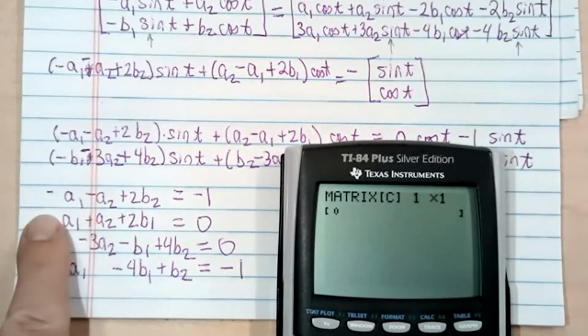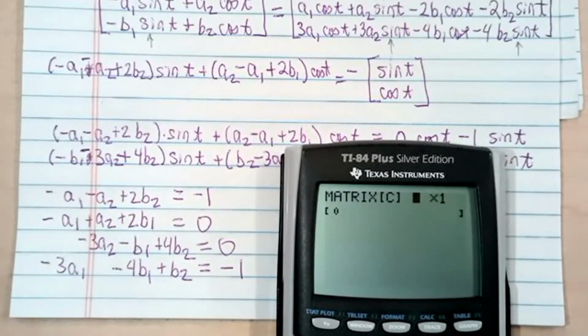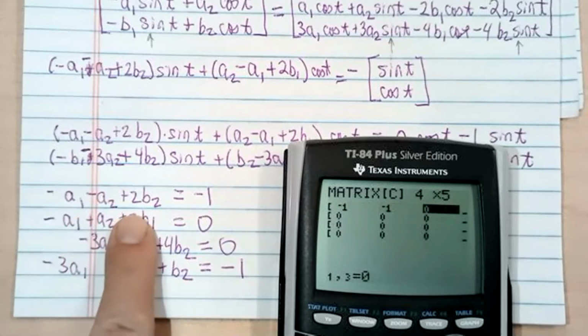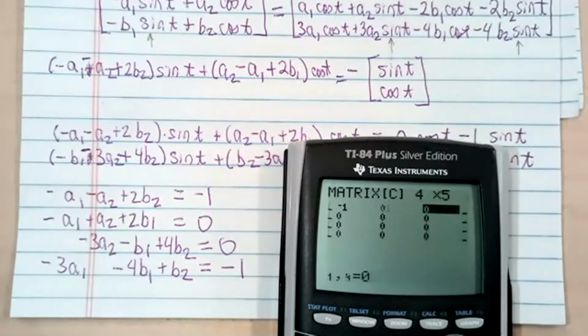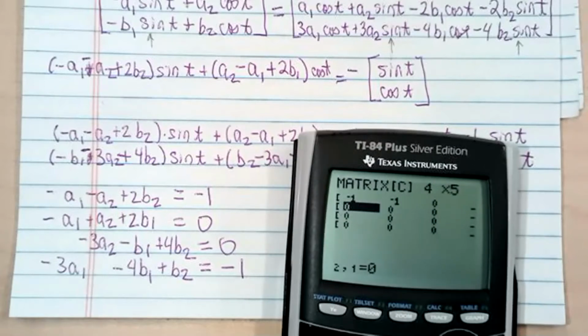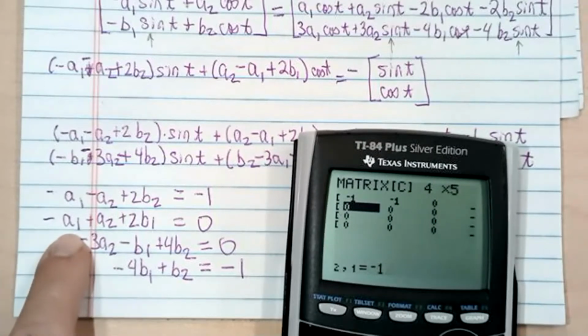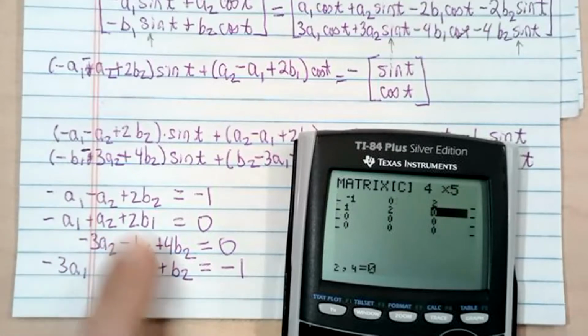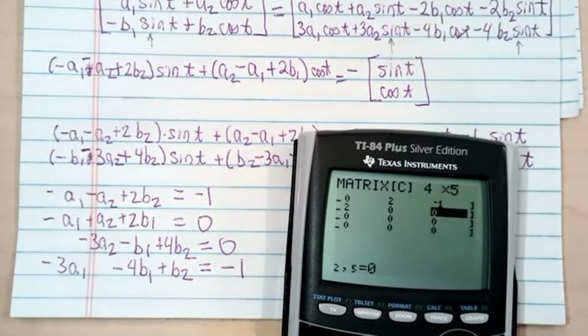So I've got a 4 by 5 system of equations, and A1 is minus 1, A2 is 1, B1 is 0, B2 is 2, and all that adds up to minus 1. Okay, minus 1 for the A1 column, 1 for the A2 column, 2 for the B1 column, 0 for the B2 column, and that adds up to 0.